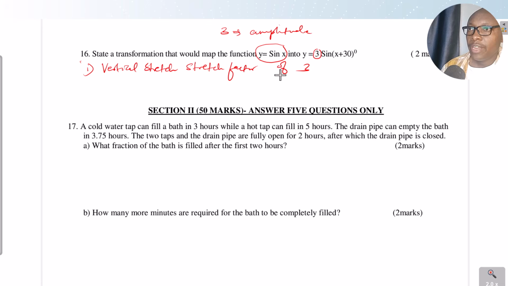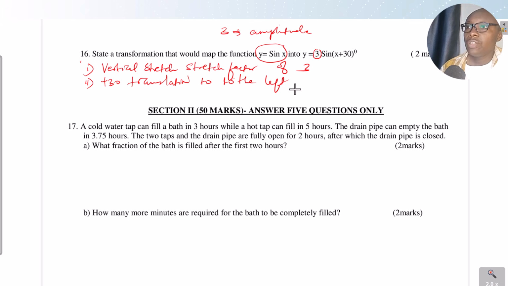Then we have another change here, which is 30. 30 means the value is positive 30. When it is positive 30, that means this is a translation to the left. If it is negative 30, it is a translation to the right.